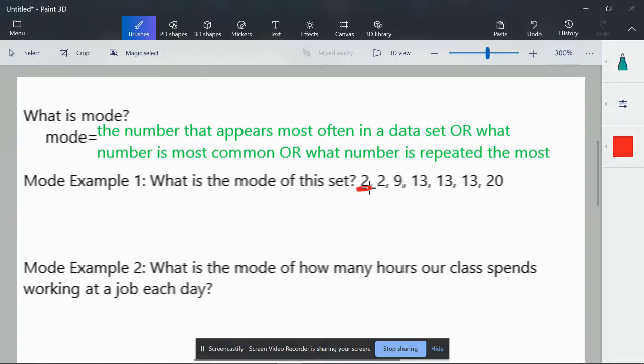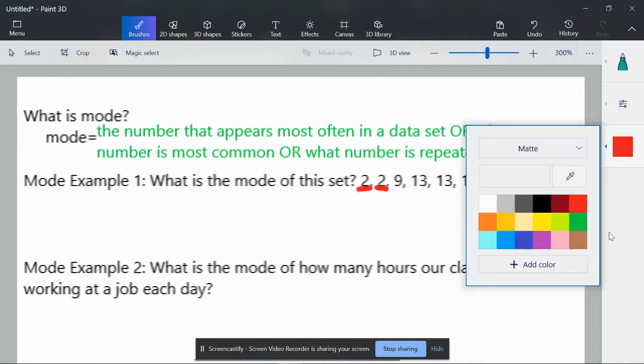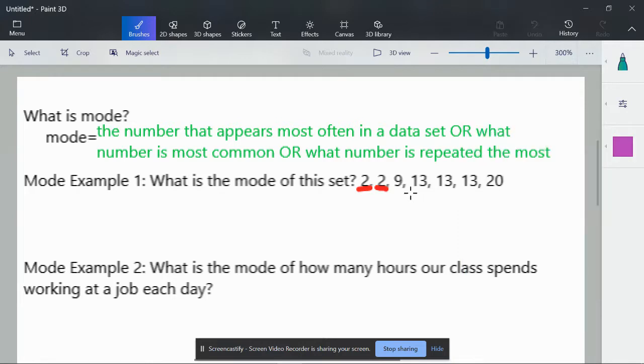So we have 2, 2, 9, 13 appears a lot of times, so we can show that using a different color. We got 13 1, 2, 3 times, and then we also have 20. So 2 appears twice, but 13 appears 1, 2, 3 times.